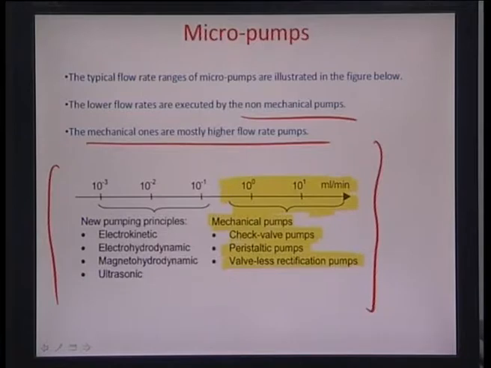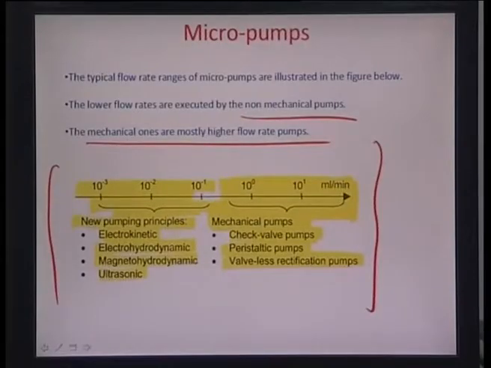They are in the 10 to 1 microliter or milliliter per minute range, a high flow rate range. On the other hand, new pumping principles which are non-mechanical, like electrokinetic pumps, electrohydrodynamic pumps, magnetohydrodynamic pumps and ultrasonic pumps, are more towards the left of this figure. It starts from about a thousandth of a ml per minute all the way to about tenths of a ml per minute or so.